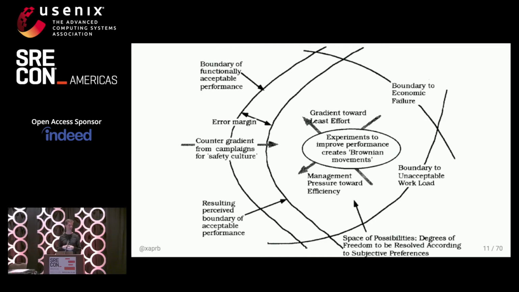The analogy here would be, if people stay awake too long, they literally fall asleep on their feet, right? So if you cross that boundary, then you crash again. And on the right-hand side, we've got the safety boundary, and if you go past that, you have an accident and something really bad happens. So this space in the middle is where we keep our systems operating. Occasionally, we cross one of the boundaries, something bad happens, and we react.